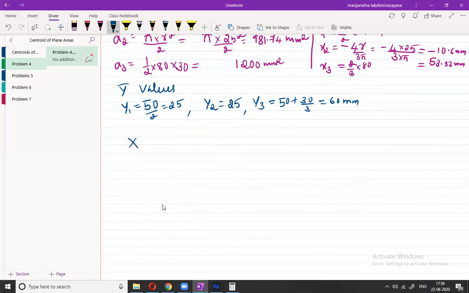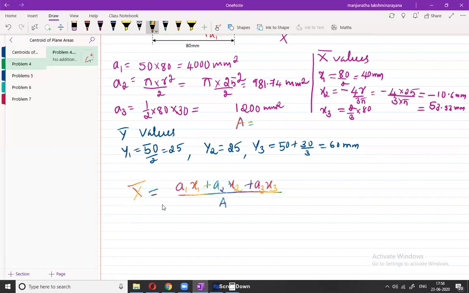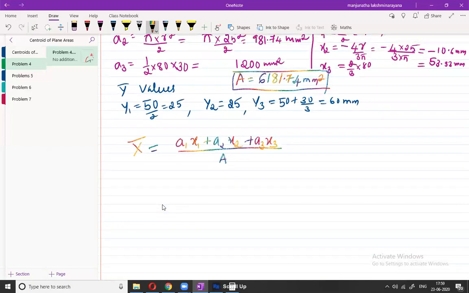So x bar is equal to A1 x1 plus A2 x2 plus A3 into x3 divided by the total area A. Here the total area A is 4000 plus 1200, 5200, plus 981, which is equal to 6181.74 mm square. Now you can write down all the values.